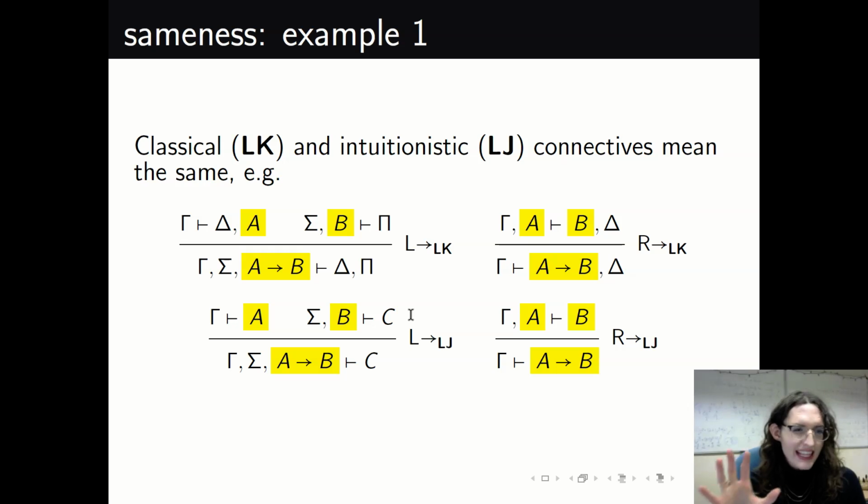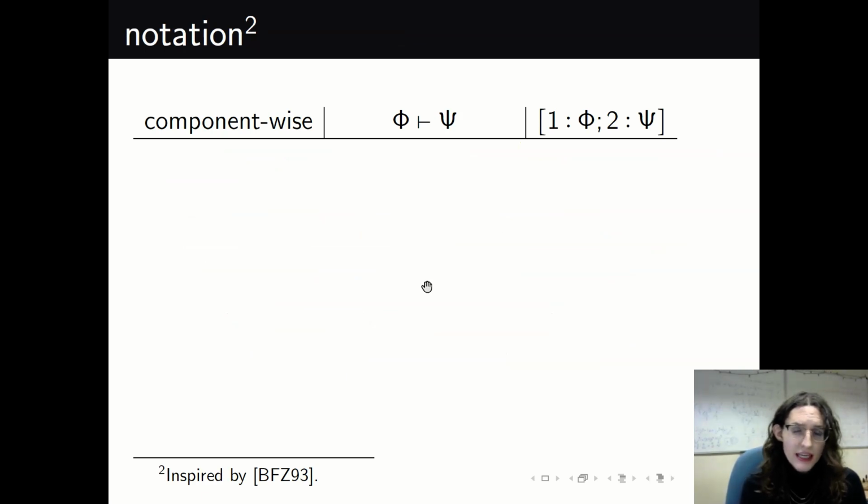Now we'll be using slightly different notation to represent this, and as you'll see in a second, it will help us make the results of sameness even more immediately visible. The notation we'll be using is inspired by the work of Barthe, Fernmüller, and Zach on n-sided sequent calculi. And we'll be using three notational devices for our purposes.